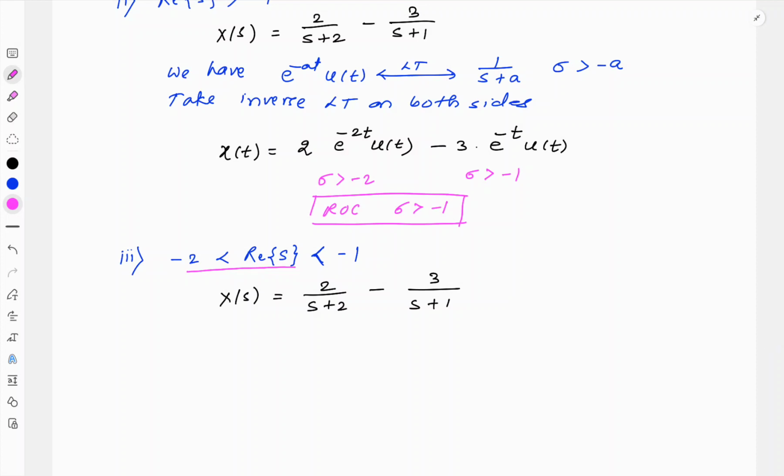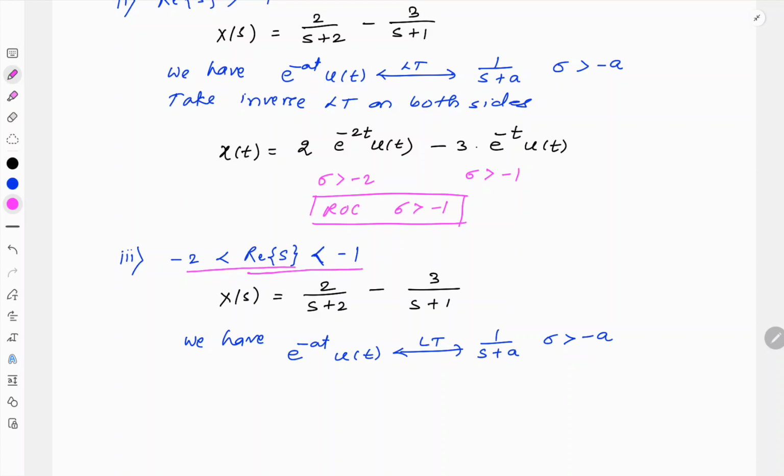So in this case, the first result or first identity for the first RoC, we have e raised to minus at u of t, its Laplace transform is 1 upon s plus a with sigma greater than minus a. So for this first part we get RoC greater than minus 2, so we have to use this result. And for the second part we need RoC less than minus 1.